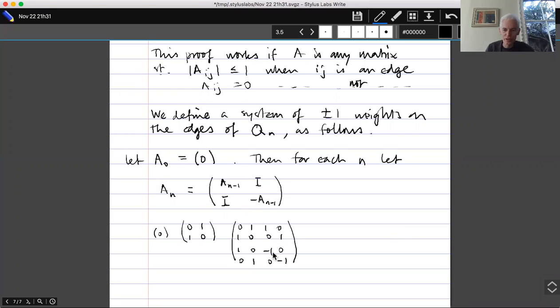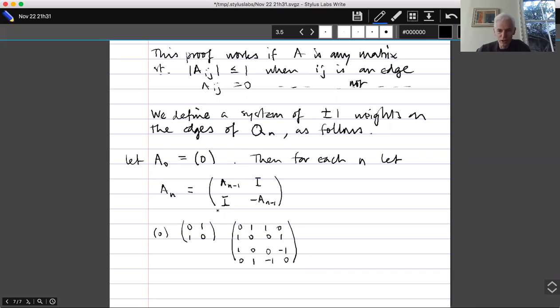What did I do? I accidentally wrote minus an minus 1 wrongly, as you may well have noticed, but when you're doing these things in real time, it's sometimes hard to spot it. So let's just write that in properly. It should have been 0, minus 1, minus 1, 0.